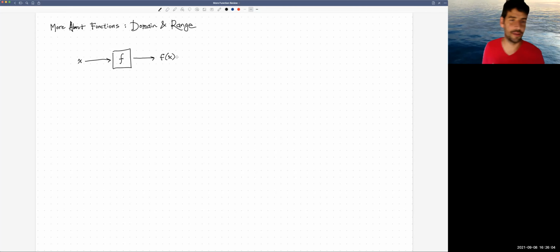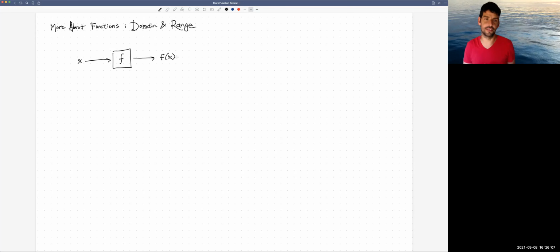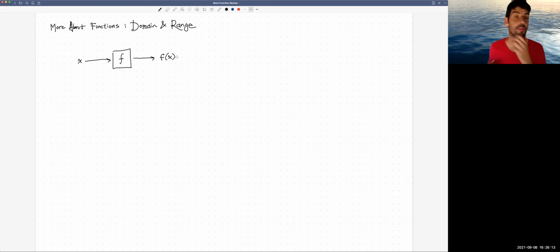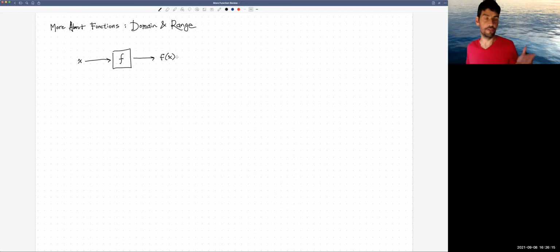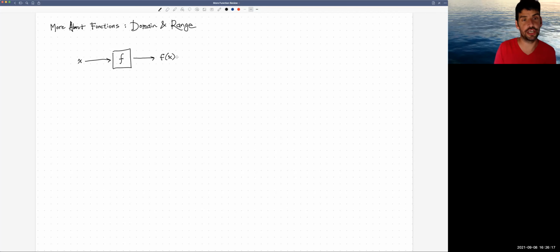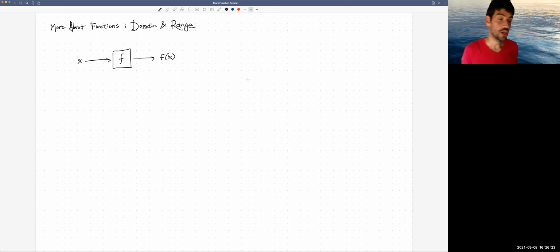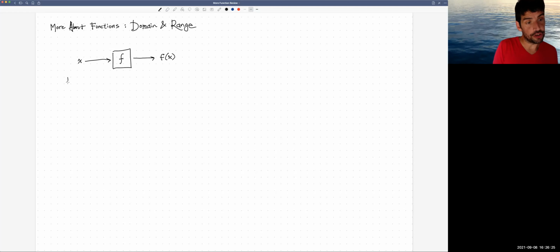So we talked a little bit last time, functions don't necessarily have to be about numbers, but let's focus on that because that's what we'll be focusing on in this and the following videos for a while. And so we input some number into our little function f, and f does something to it and spits out what we call f of x, the value associated to that. So we often call x the input, f of x is the output.